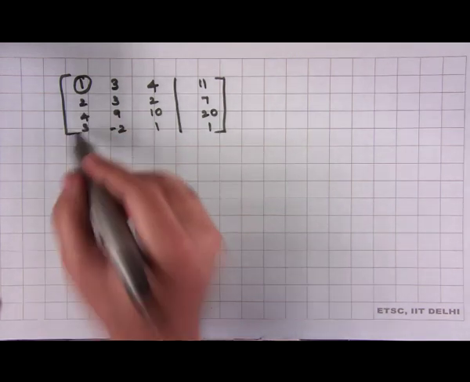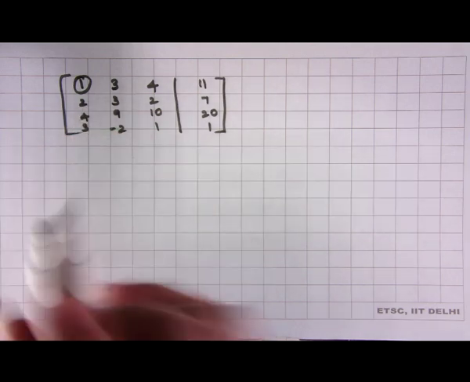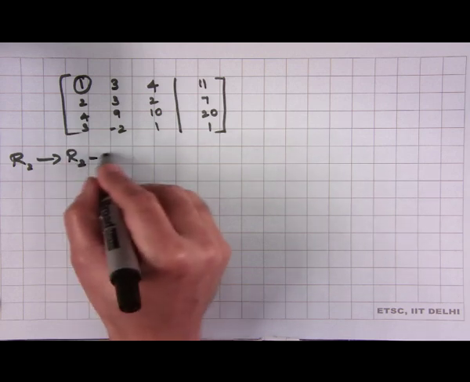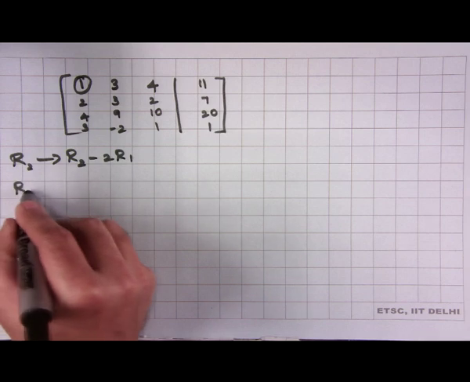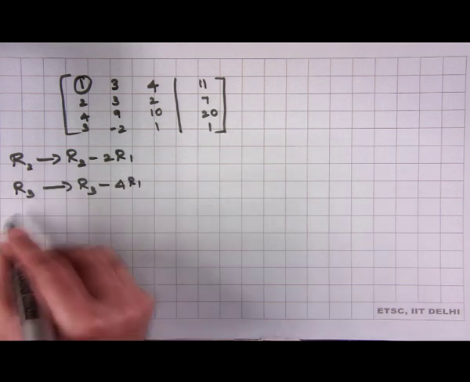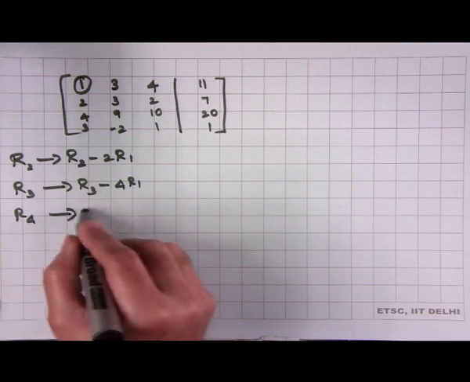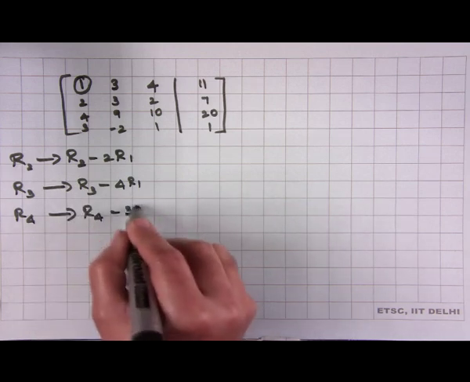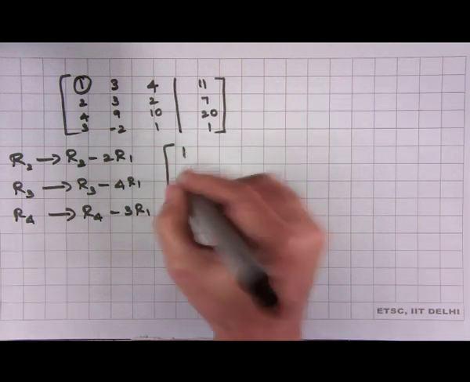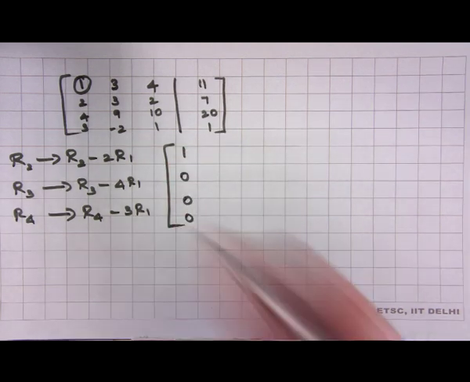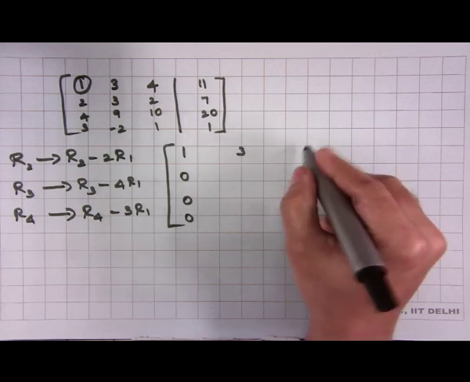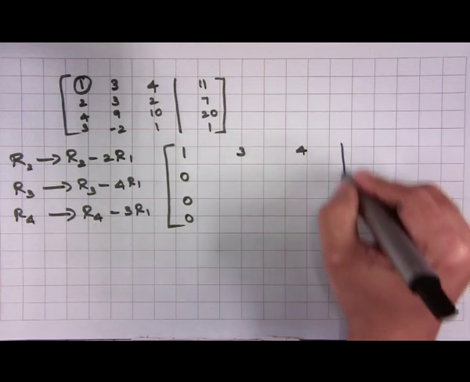We will convert the other elements of that column into zeros: replace R 2 by R 2 minus 2 times R 1, R 3 is replaced by R 3 minus 4 times R 1, R 4 is replaced by R 4 minus 3 times R 1. Let us perform all these operations. As a result, we expect that all these go to 0, and the first row remains unchanged.